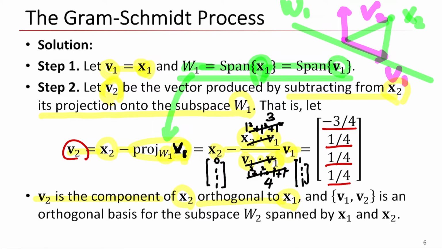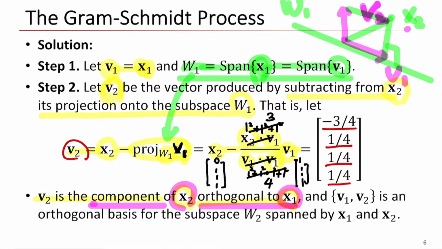In this case v2 is the component of x2 orthogonal to x1, or orthogonal to W1.